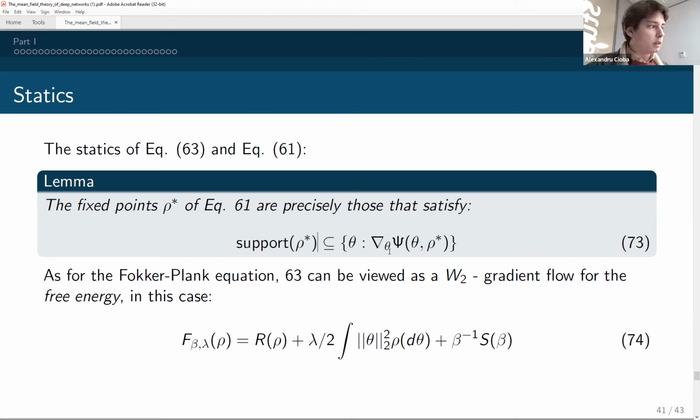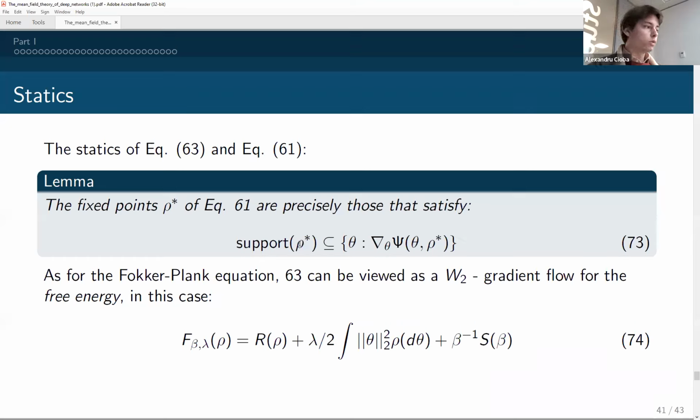Of course, going the other way, it's a little bit more difficult, but nevertheless, this also gives you a fairly interesting result on the types of distributions that you can expect, because if you put in appropriate analyticity assumptions on U and V, then you can get that this is an analytic function, and you'll very easily be able to extract the fact that because the zeros of an analytic function have to have Lebesgue measure 0, then so will the support of rho star.